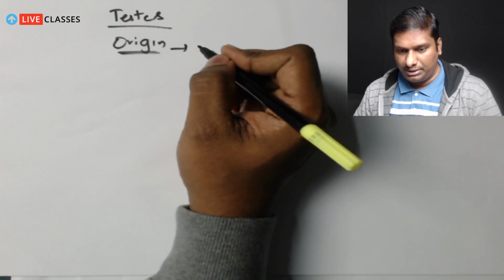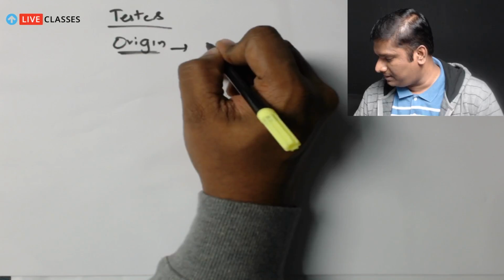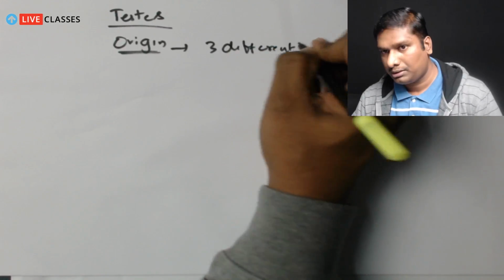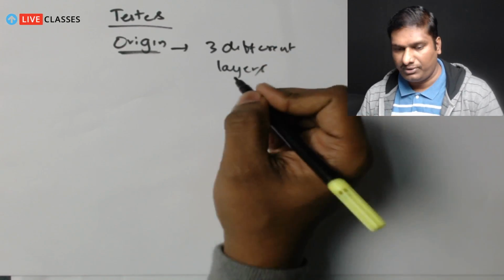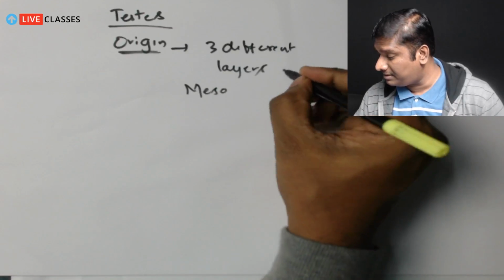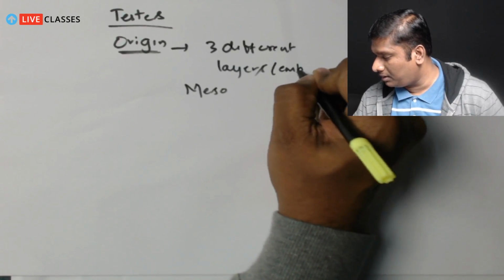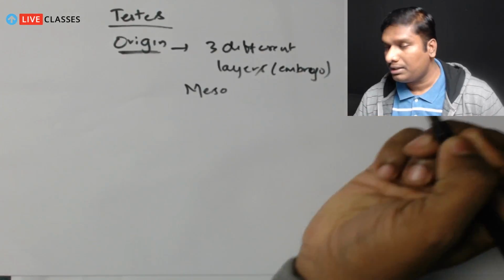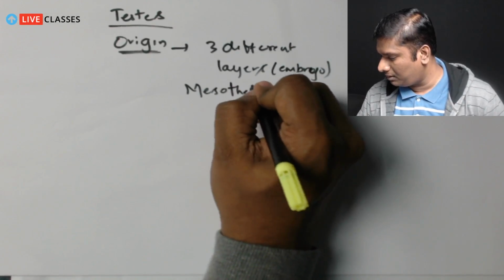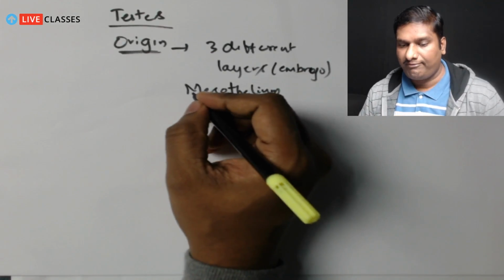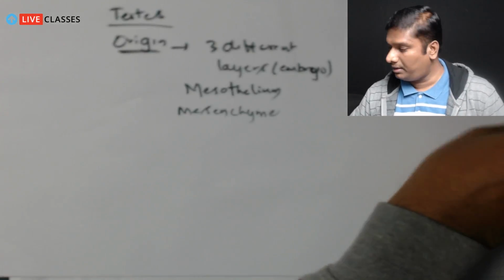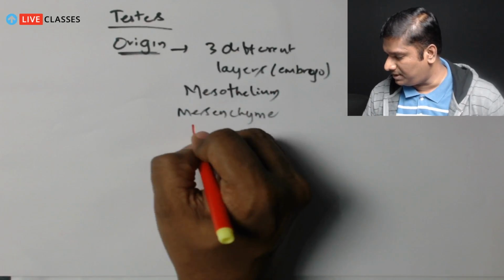If you look at the origin, the testis is made by three different embryonic layers: the mesothelium, the mesenchyme, and the primordial germ cells.